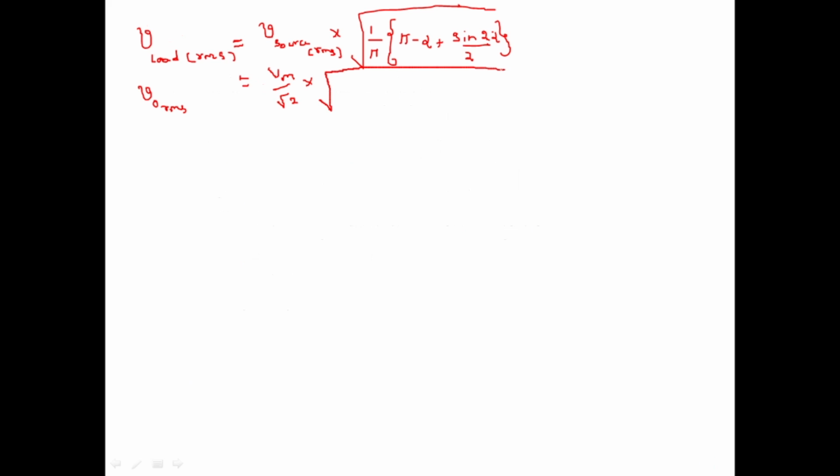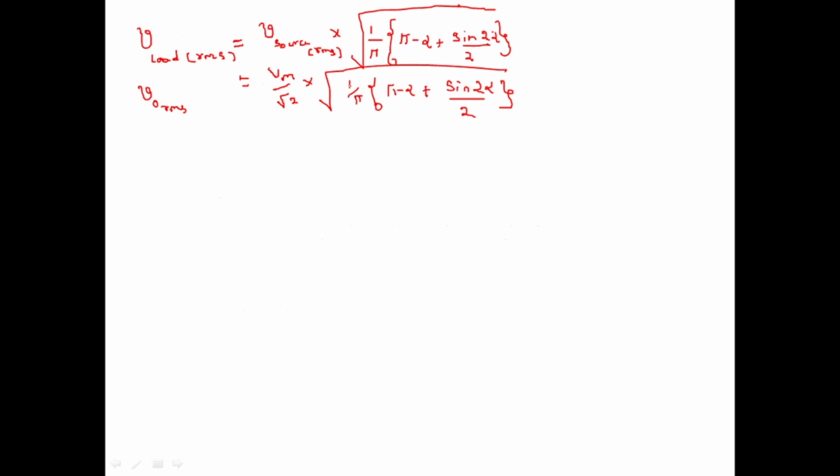Both formulas are okay, correct? Root of 1 by pi times pi minus alpha plus sine 2 alpha divided by 2.